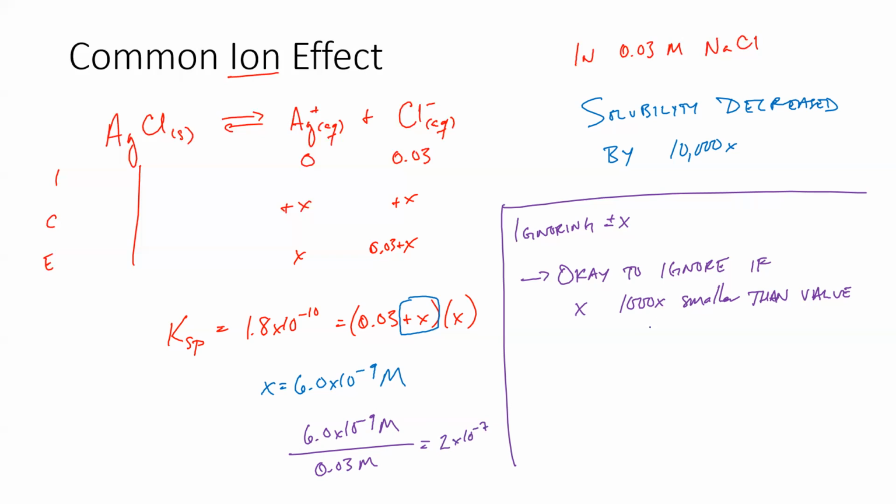So 1,000 times smaller, remember that's 10 to the negative 3. This is much smaller than that, right? This is 20 million times smaller. And so this X is certainly ignorable. If it's 1,000 times smaller than whatever value you're adding or subtracting it from, ignore it. If not, do the quadratic.